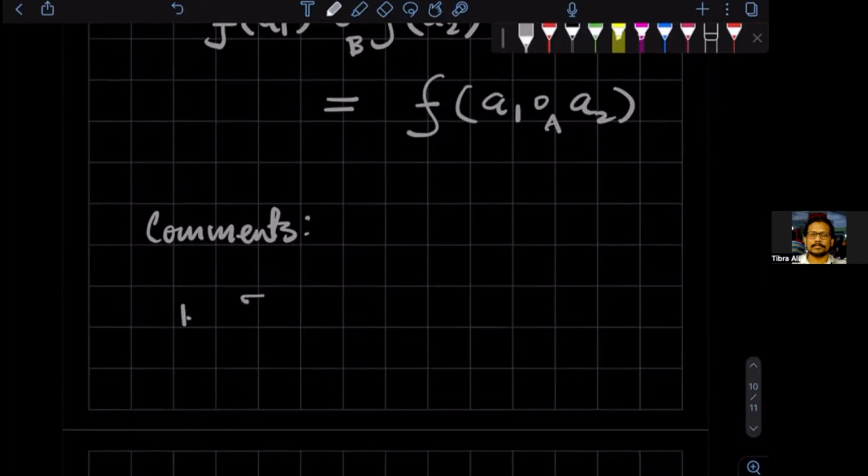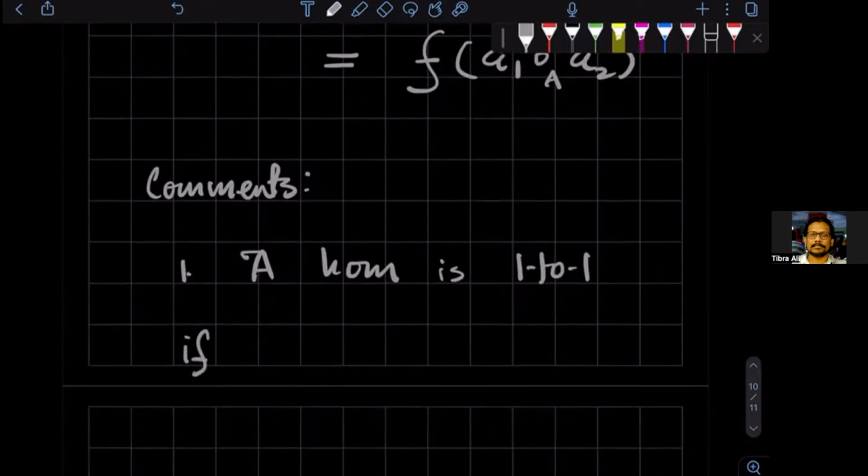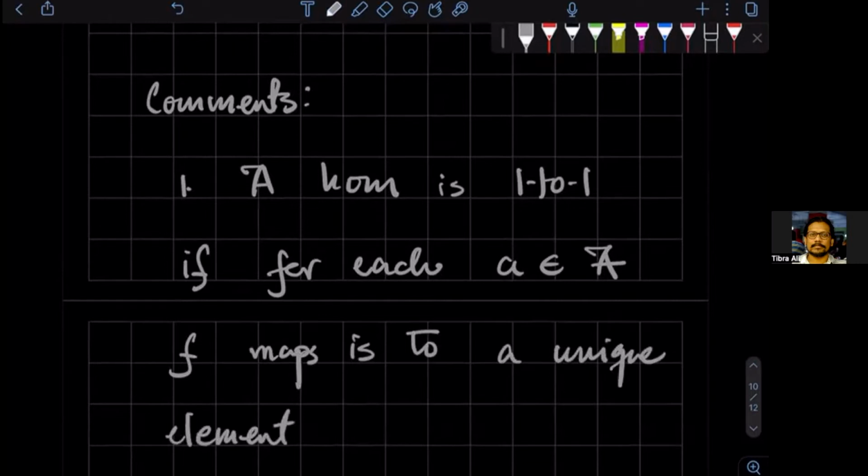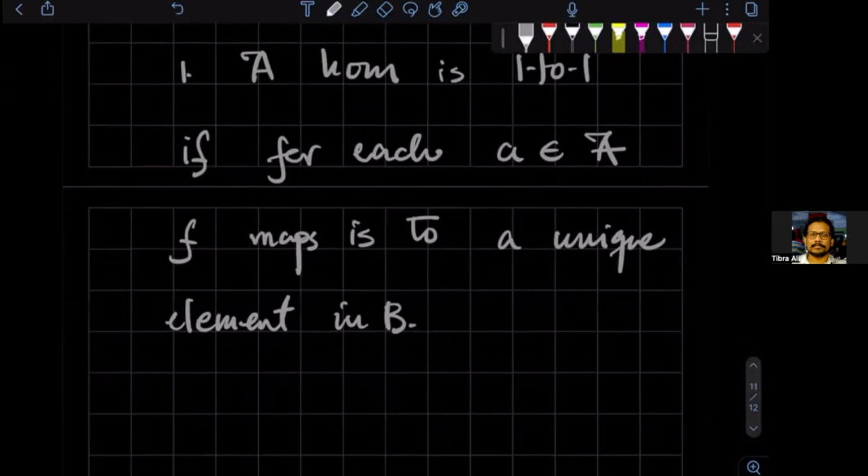So a homomorphism is known as one-to-one if, say, for each A in the first group, F maps it to a unique element in B. What do I mean by that?